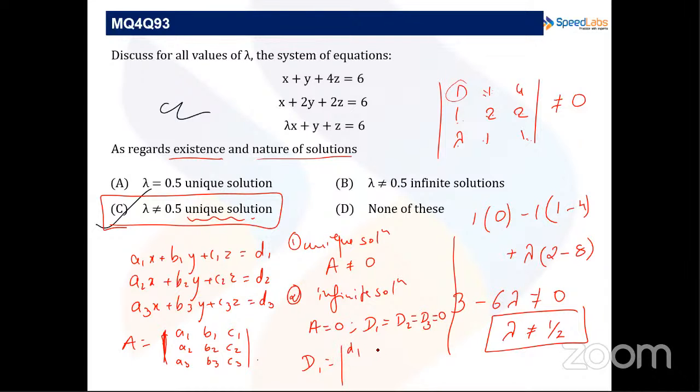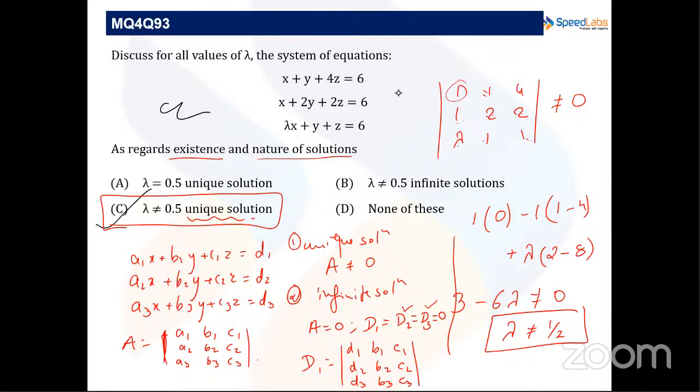So that will be d1 b1 c1, d2 b2 c2, and d3 b3 c3. Similarly, you can find D2 and D3. And for no solution, the determinant is equals to 0, but at least one of D1, D2, D3 is non-zero. Okay, so this is one method. And the other method is you can find it by the rank. So basically what is a rank?